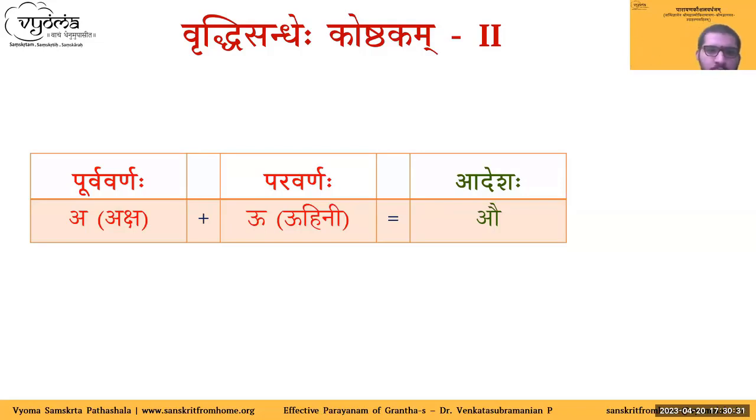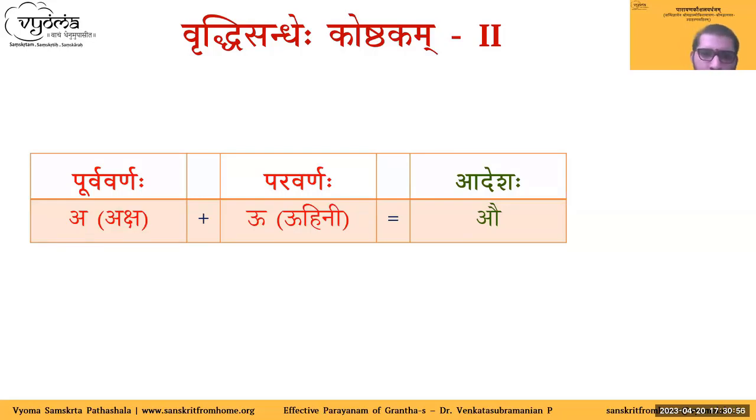Since the Purvarna is Akara and the Paravarna is Ukara, we get the Adesha Aukara. Remember, this is an exception for Guna Sandhi. In Guna Sandhi, if the Purvarna is Akara and the Paravarna is U or Ū, then Okara Adesha used to come.